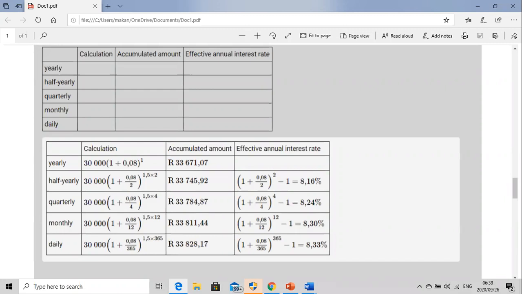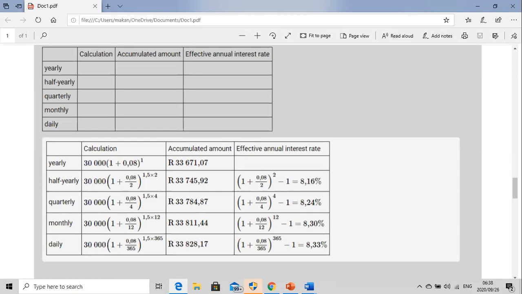You also look at half yearly and so on. So it will be up to you now to make a decision based on the different calculations. If you look at the first calculation, if it is just done yearly, meaning once a year, the number of years there is one.